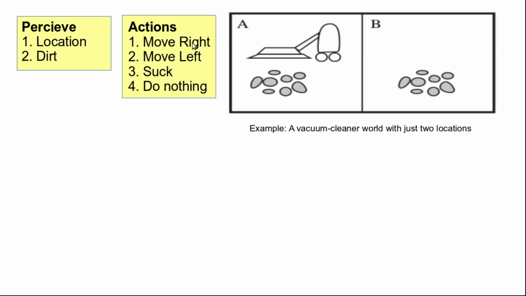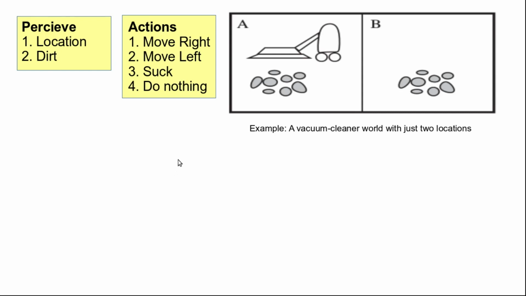So one action is move right, the other is move left, and in case the room is dirty, it can suck the dirt and clean the room. That is the third action. And the last action is to do nothing. So it perceives two different things, the location and dirt, and it can perform 4 different actions.